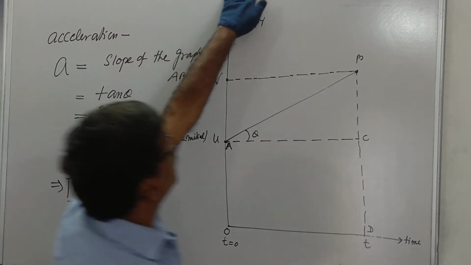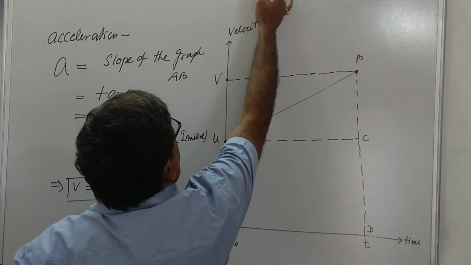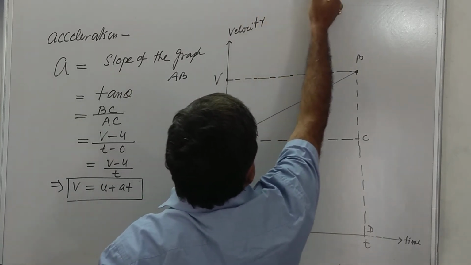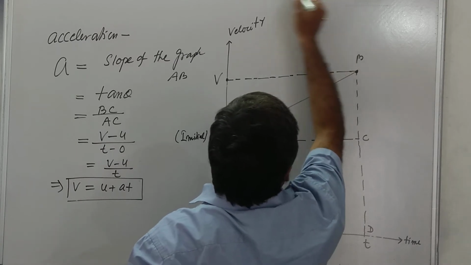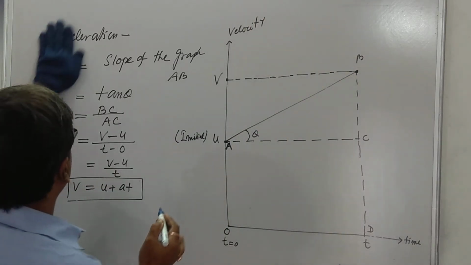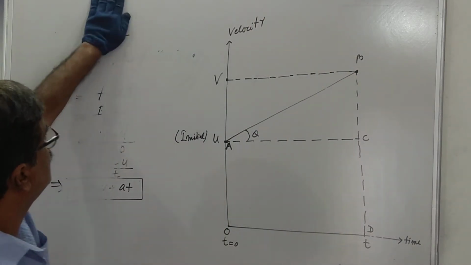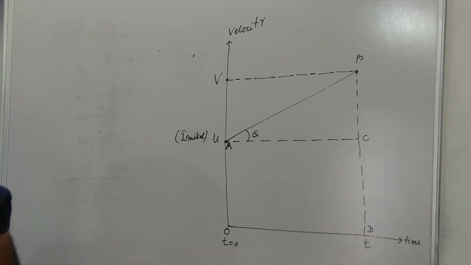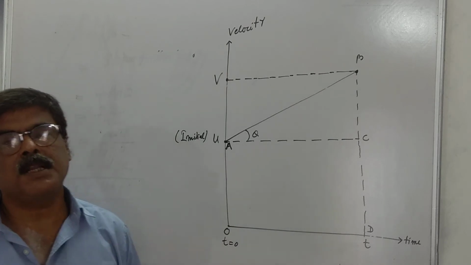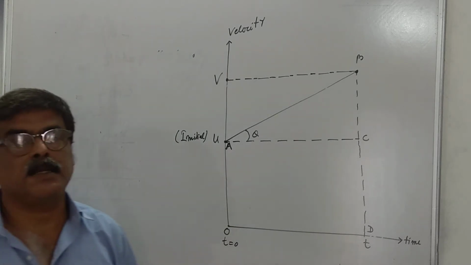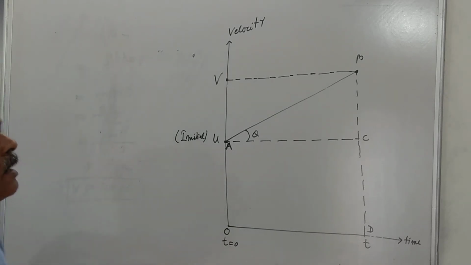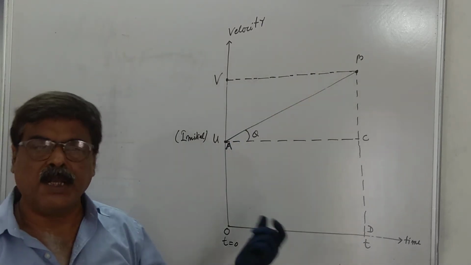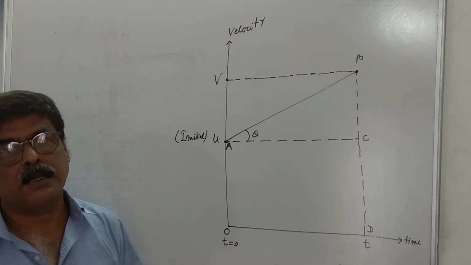Now, our second relation is the displacement time relation. In the velocity time graph, we know that the area under the velocity time graph with the time axis represents what?